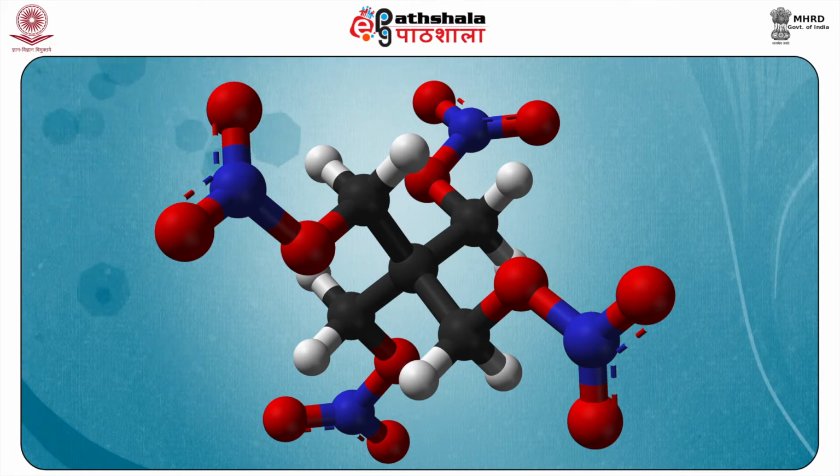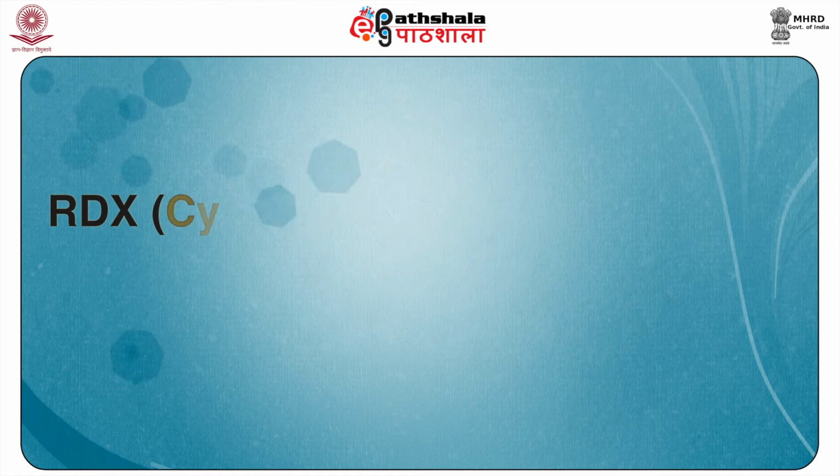Nitration of pentaerythritol is achieved by adding it to concentrated nitric acid at 25 to 30 degrees Celsius to form PETN. The crude PETN is then removed by filtration, washed with water, and then neutralized with sodium carbonate solution and finally recrystallized from acetone. This results in 95% yield of PETN.